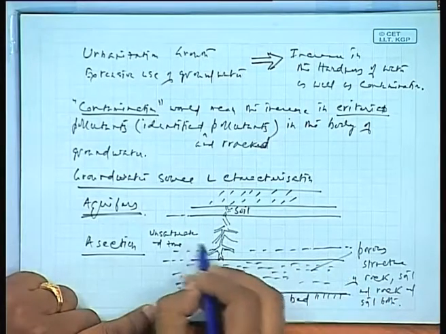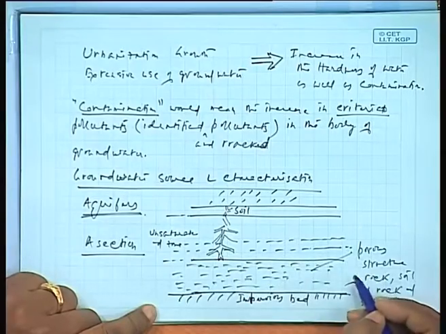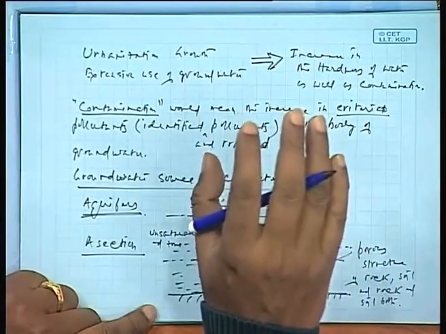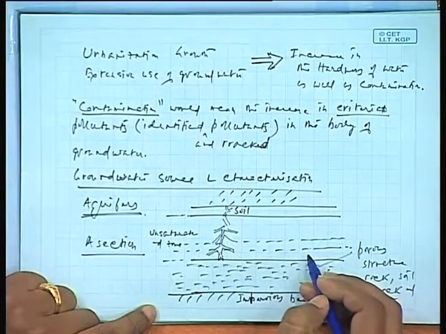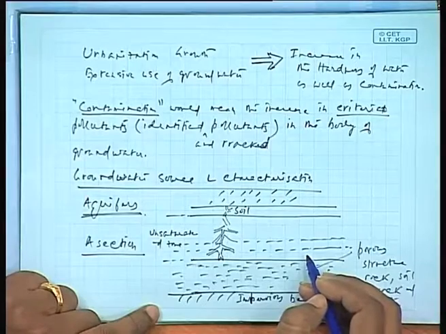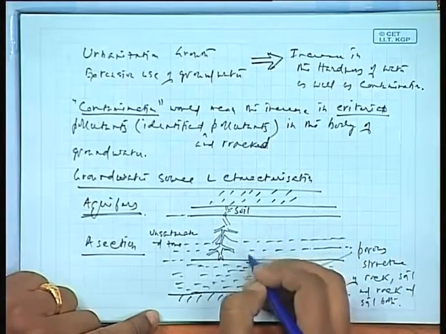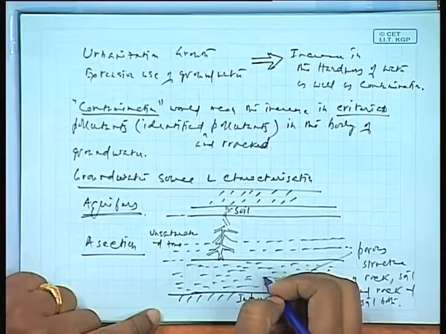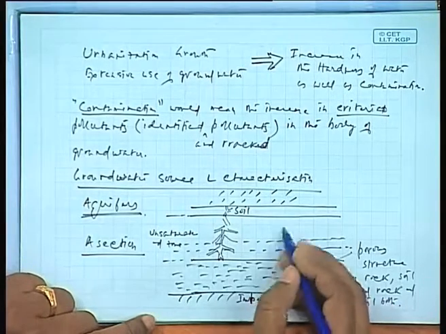So during rainy season, you will find that the porous structure in which the water would be locked in would rise, right? And at the same time, after the rainy season, when the summer season sets in, about this time, this level would generally go down, because there will be no recharging.